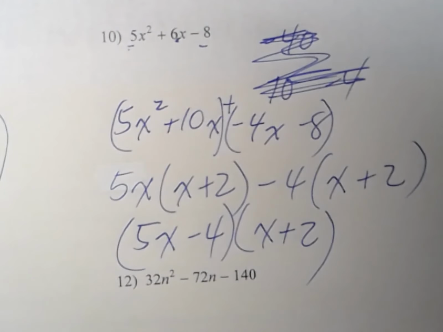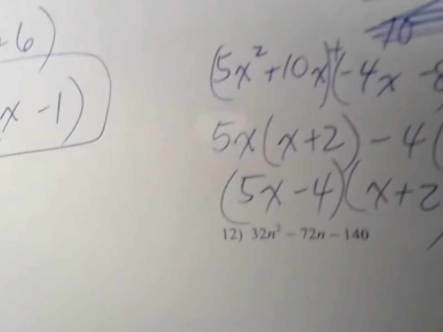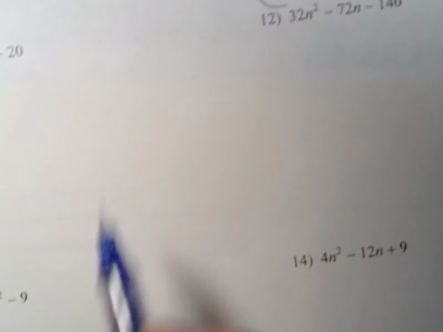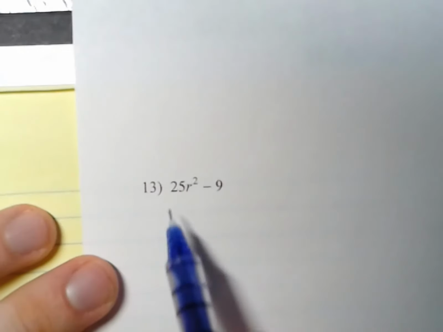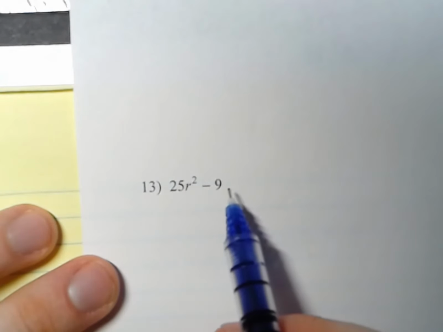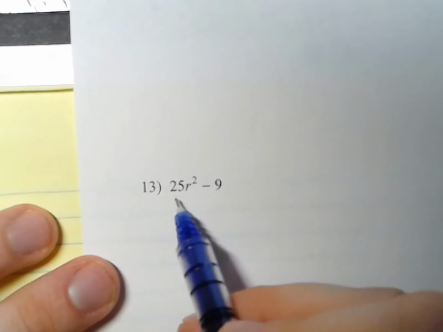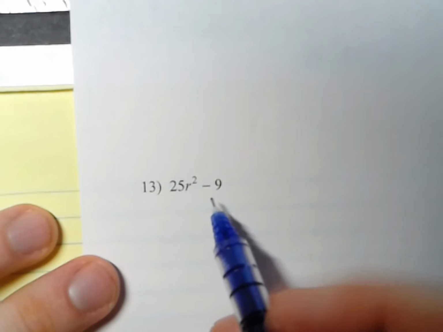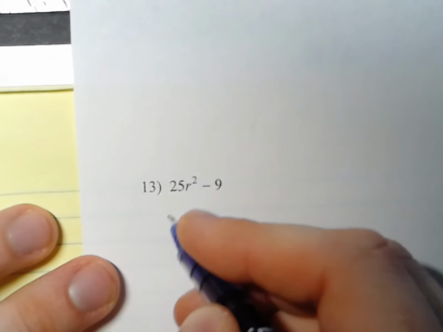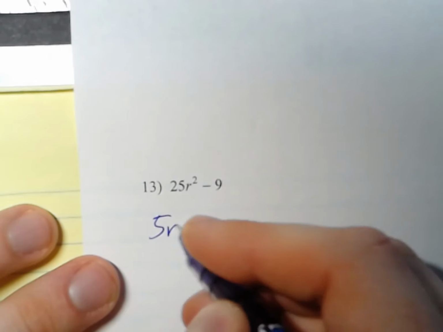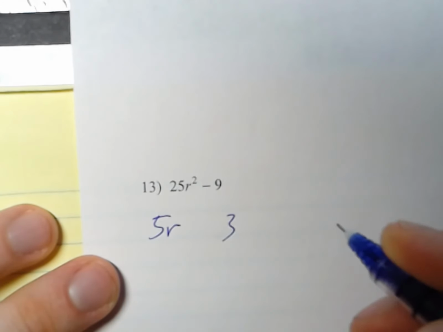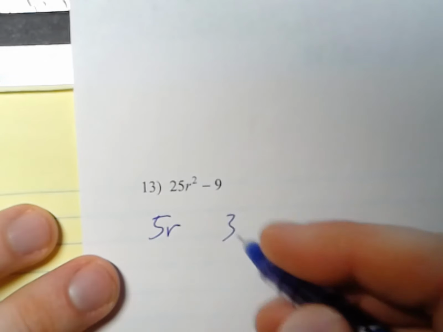Okay? Last thing I'm going to teach you how to do is special cases. So notice here that there's only a quadratic and a constant term. This is actually a difference of squares. So notice that this is a square and the square root of it is 5r and the square root of that is 3.